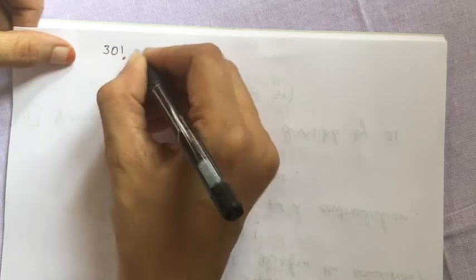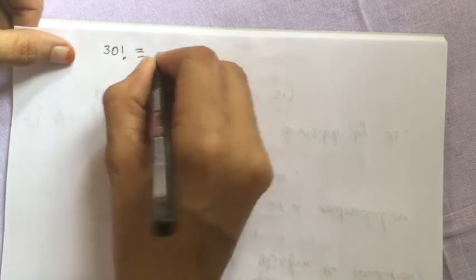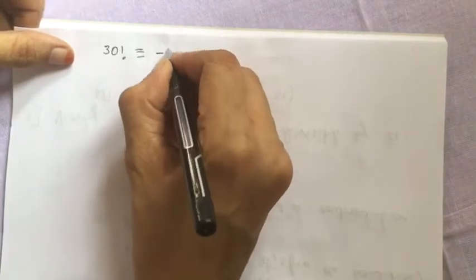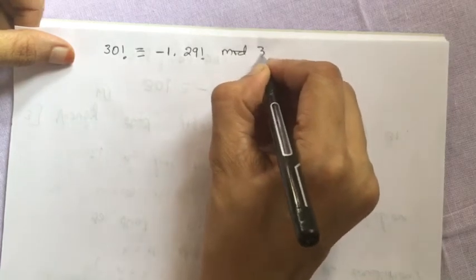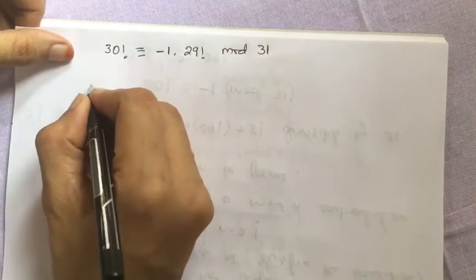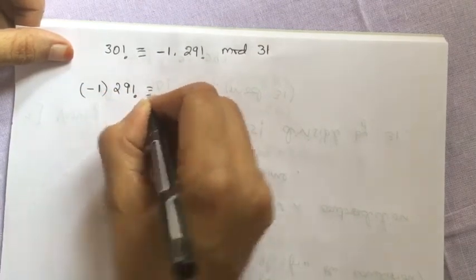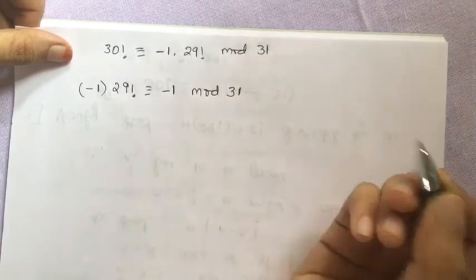So 30 factorial is congruent to 30 into 29 factorial. 30 is congruent to minus 1 mod 31. So minus 1 into 29 factorial is congruent to minus 1 mod 31.